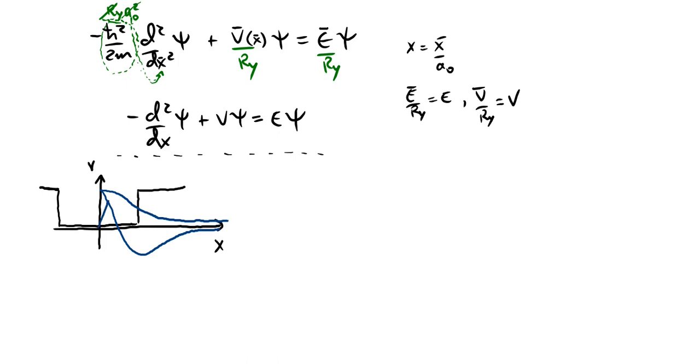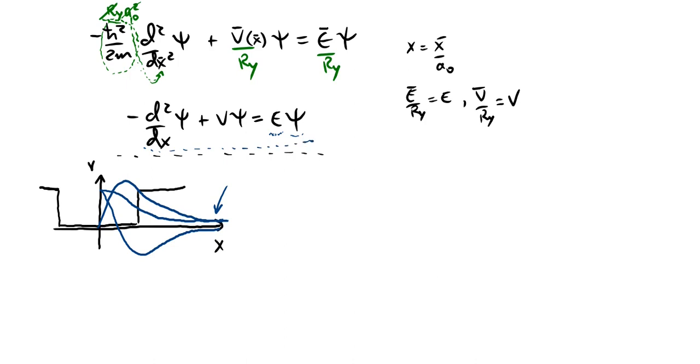Let's say it goes up and then down. It could also be something like that, right? So these are the functions that I'm looking for, but the important thing is that they need to converge as x goes to infinity. So if I choose any energy here, I'm always able to find a wave function that suits this equation here, you know.